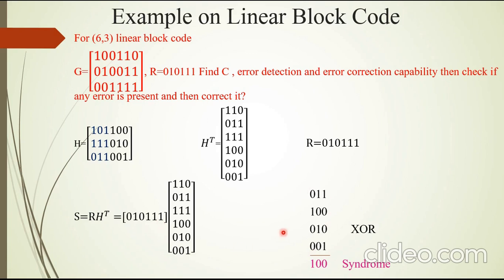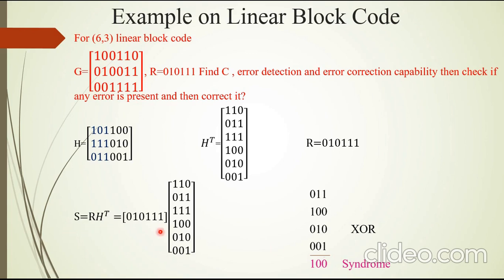So XOR of this will be 110, 110, and here it is 1, so it will be 1. After XOR, it will be 100. So when I find the XOR of these 4 positions, I automatically get the multiplication of R H transpose.